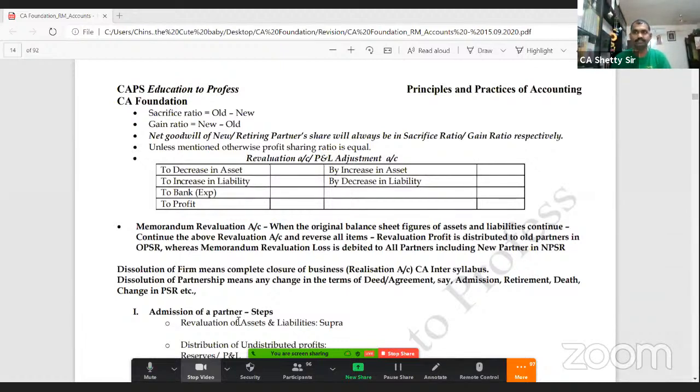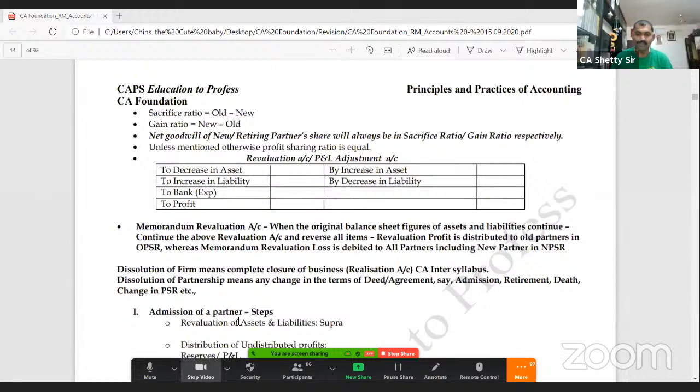Below that, additional creditors liability 10 lakh. Z is admitted. Ratio equal. I am using short language, not like a regular class, because it is a revision class. But the revision is also happening like an exhaustive class only.